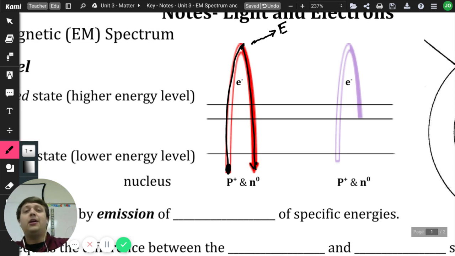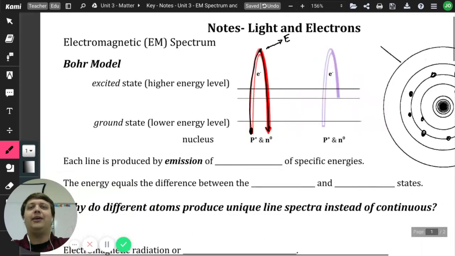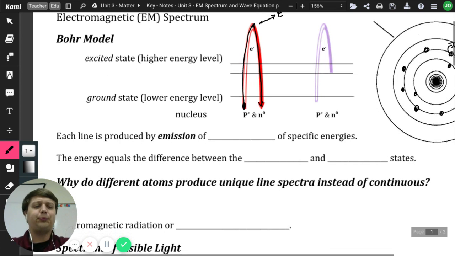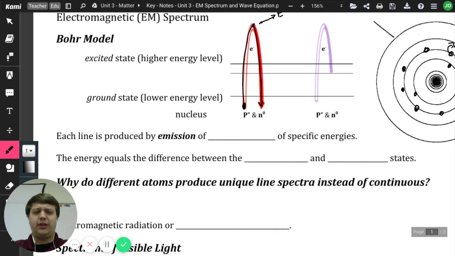Depending on how far it falls back down determines what color of light is emitted. In this case, it falling all the way back down released red light, versus it falling just part way back down released a purple light. So we can get different lights by exciting different electrons and making them fall to different places. We're good with that, right?